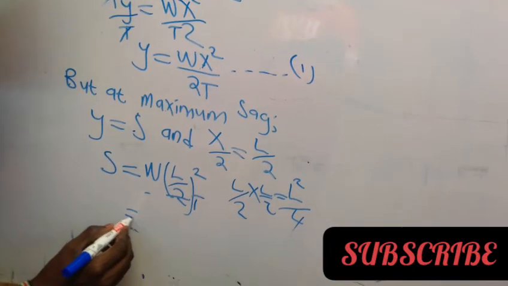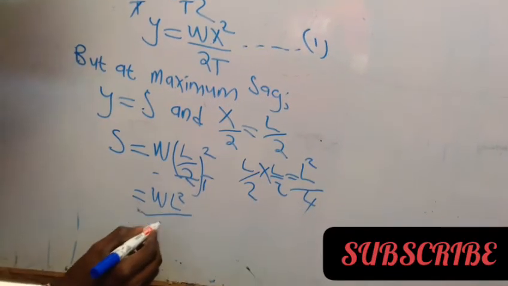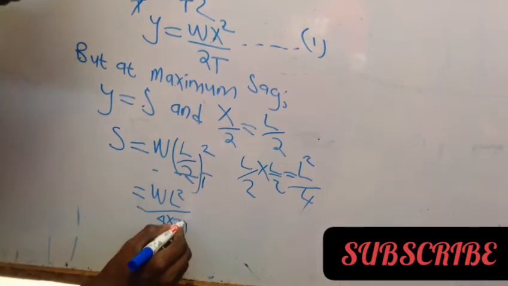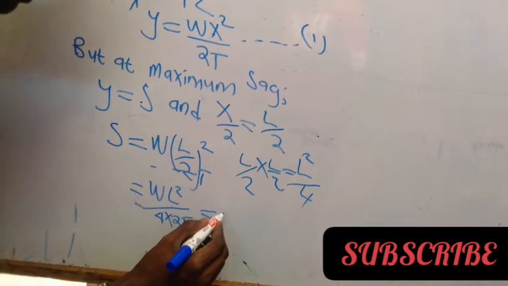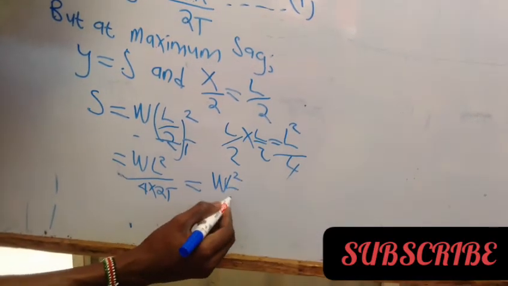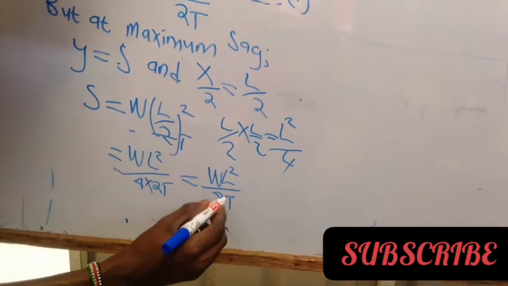Substitute there, we'll find that W length squared over 4 times 2T. This one will give us W length squared over 8T.